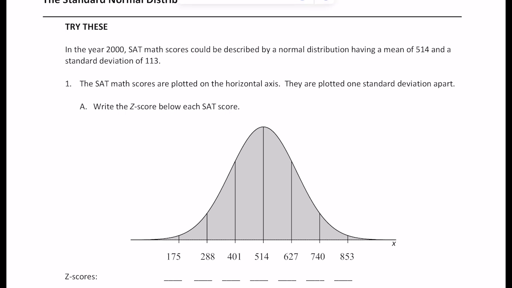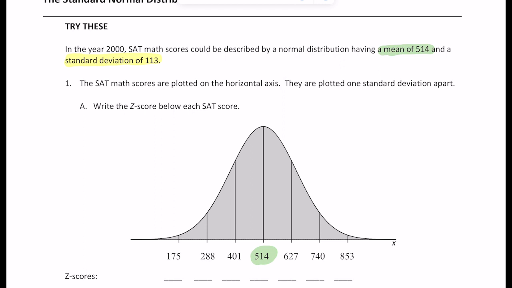I want us first to look at this distribution, and in the center right here, we have our mean. And then we're going to look at each of the numbers to the right and to the left of the mean and figure out where they got those.